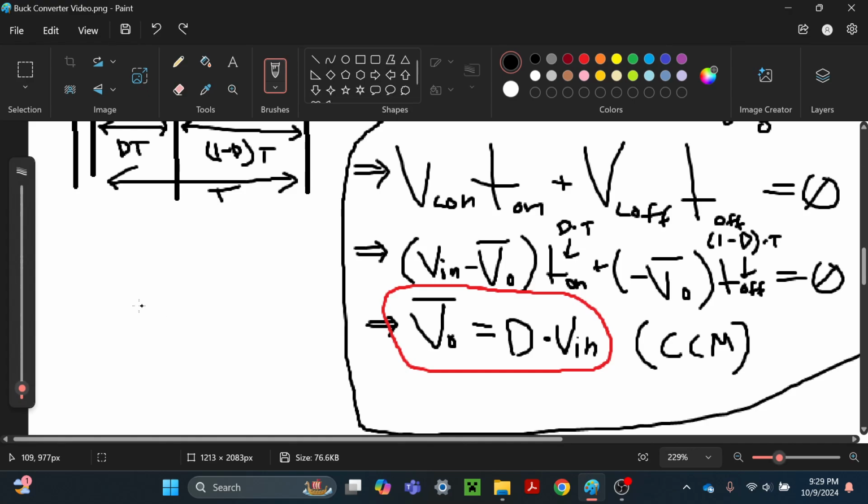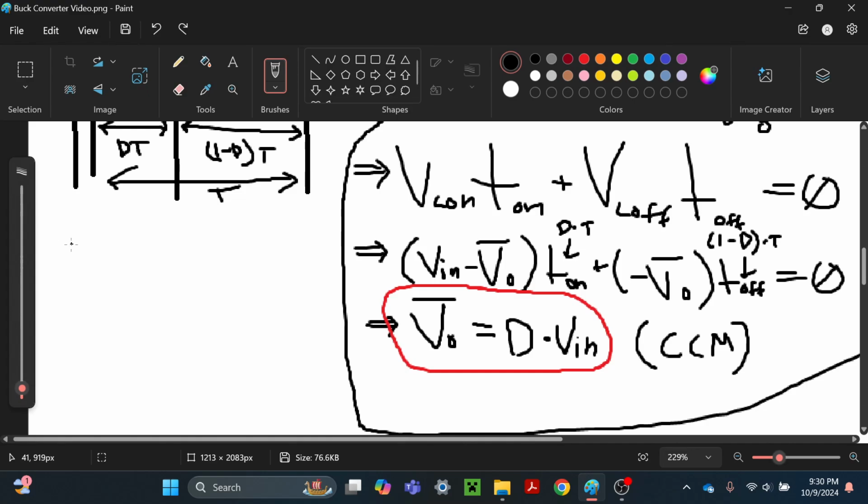So if we write that all out, it's going to be really long. It's going to be IL average is equal to 1/2 (IL min plus IL max) times D T plus 1/2 (IL min plus IL max) times (1 minus D) T, all over T, right?